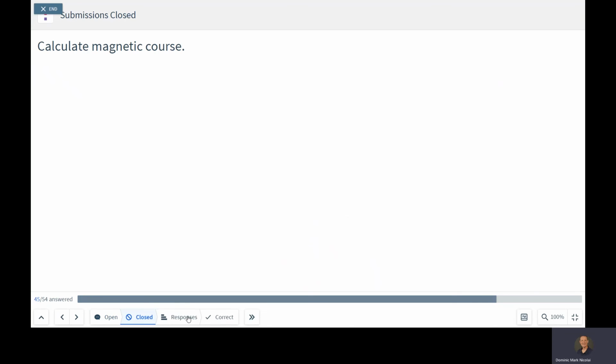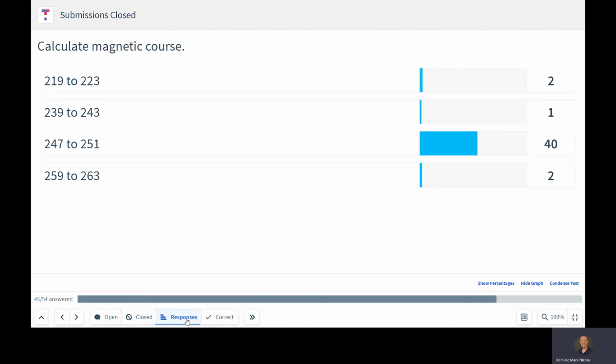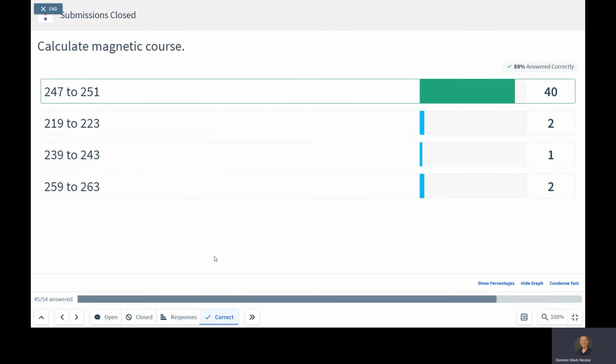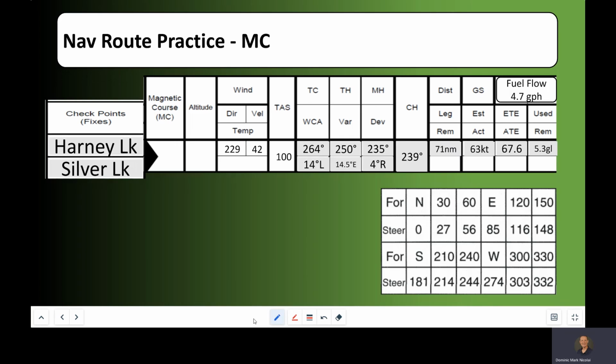So true course plus or minus your variation should get you somewhere around 249 degrees. So we've got to know what magnetic course is, 249. And then we're going to apply the rule. It's actually 2 bits of this rule. Make sure you understand both bits.